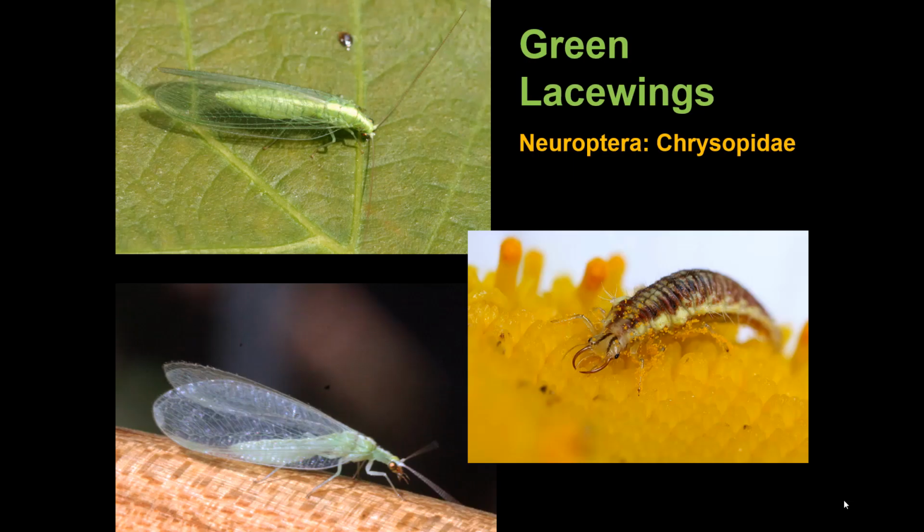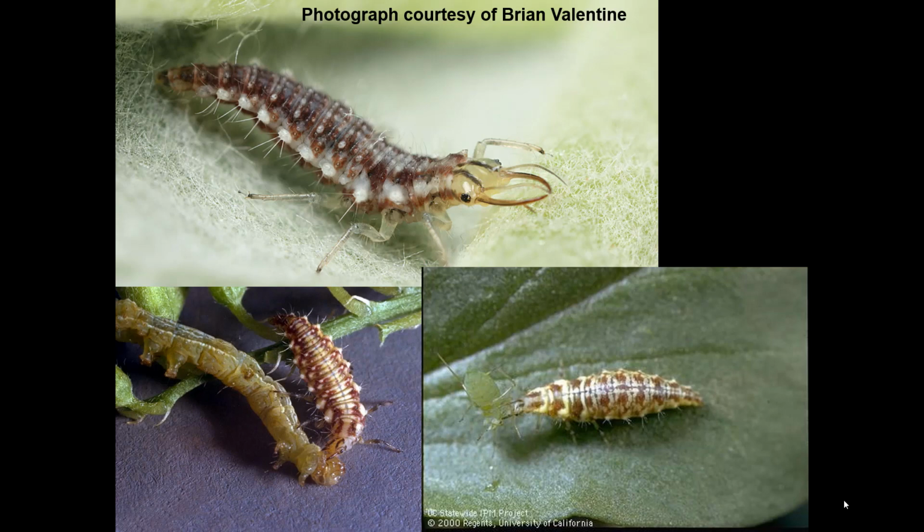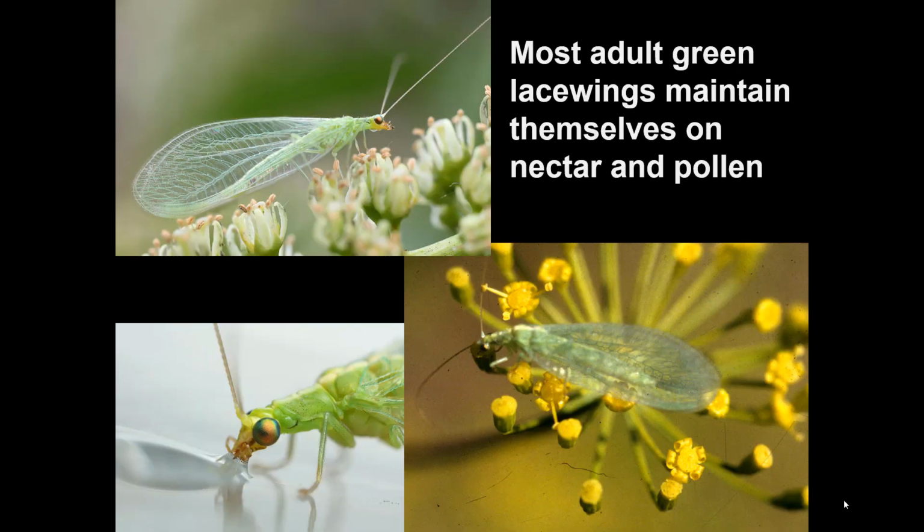Green lacewings, another kind of predator that we've talked about in Master Gardener. The young stage is the predaceous stage, so they're incredible predators of lots of kinds of garden insects, but the adults, they switch off. They're feeding on nectar and pollen.